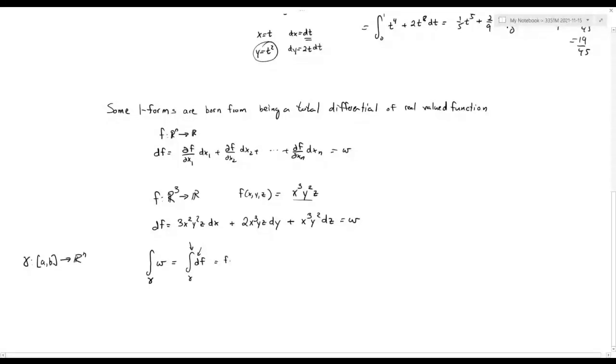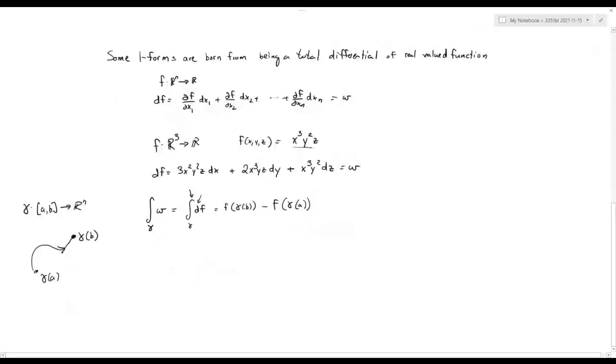And the fundamental theorem of calculus will tell you that you would evaluate f at the terminal point of your path, so gamma at b, and then minus f at the starting point, so gamma of a.